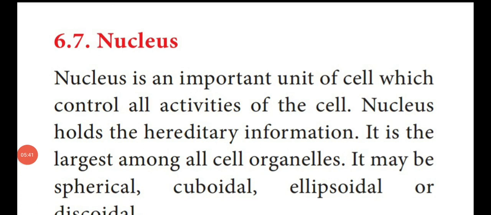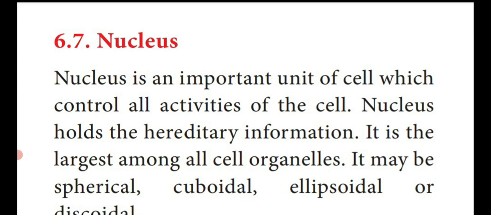So next we are going to see another important organ which is present inner side of the cell wall and plasma membrane, known as nucleus. It is an important unit of a cell which controls all the activities of a cell. Dear students, in our body also we have an important organ known as brain.